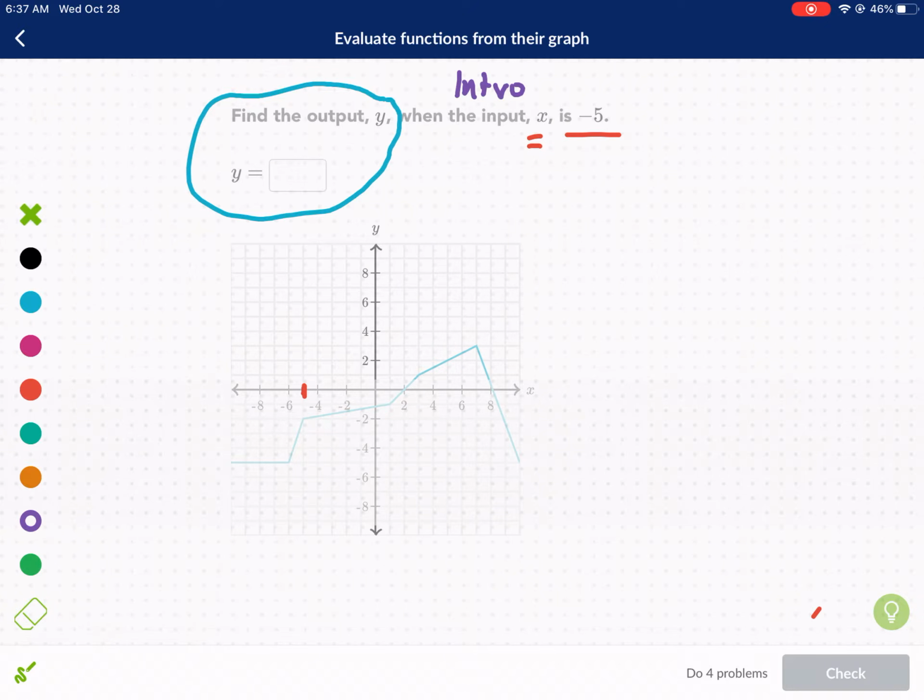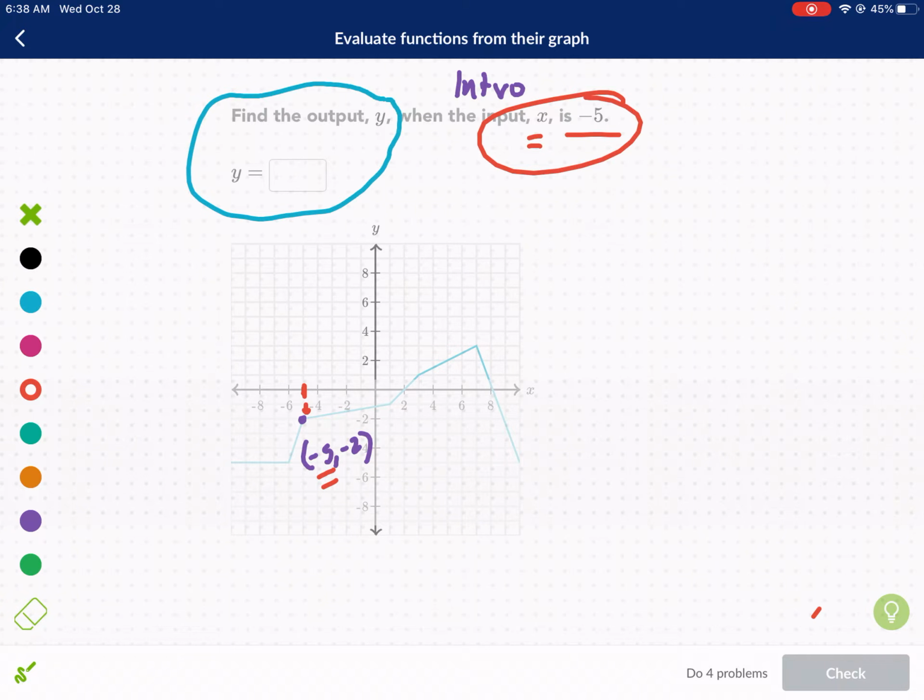So what we're going to do is either go down or up, depending on where the graph is, to get to a point that's on the line. As you can see, we can't go up. There's nothing above. But we go down and we get to a point right here. And that is the point -5, -2. That's where the graph is at x equals -5.